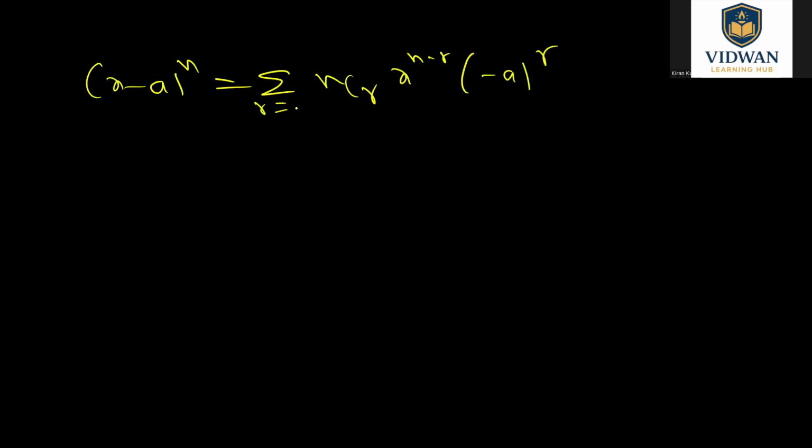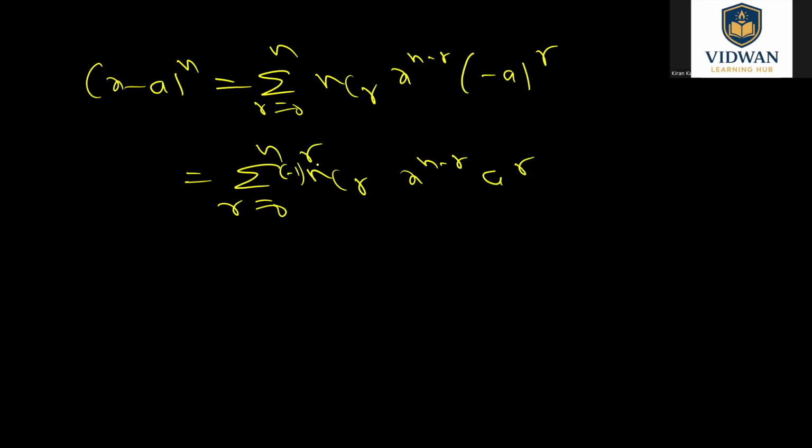Similarly, if there is a negative sign in between, then in the general term of the expansion, when you write nCr x power n minus r, you'll have minus a power r, and r equal to 0 to n. So that minus sign can be separated out and you can write sigma r equal to 0 to n, nCr x power n minus r, a power r into (minus 1) power r. Whenever r is an odd number, it will be negative.